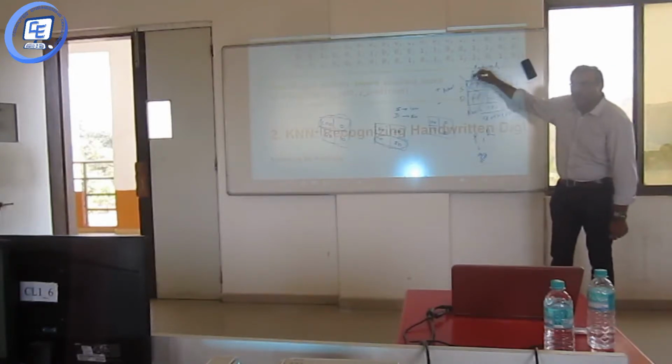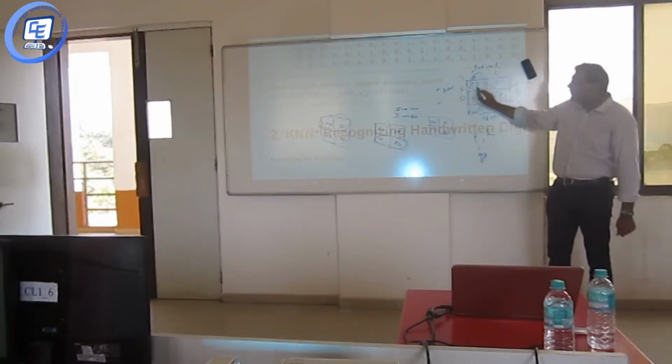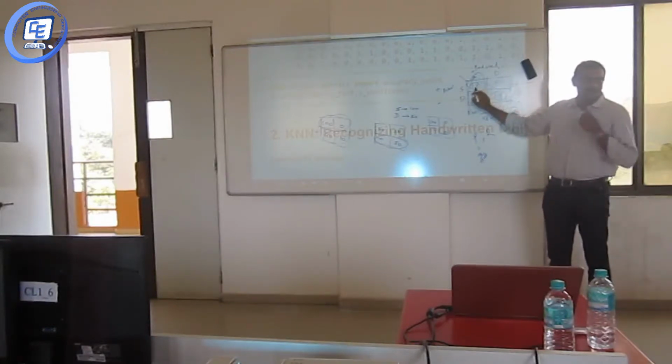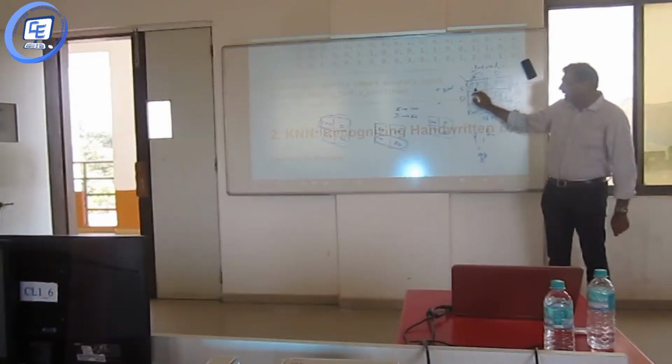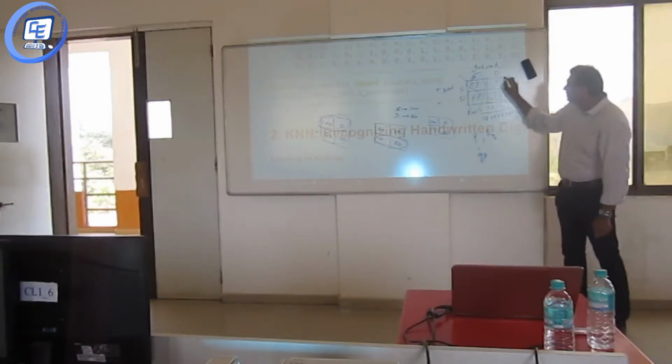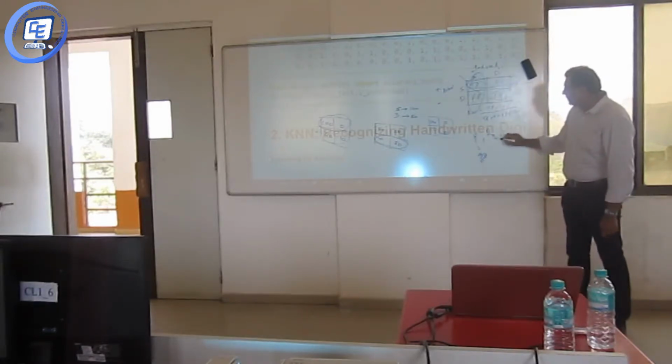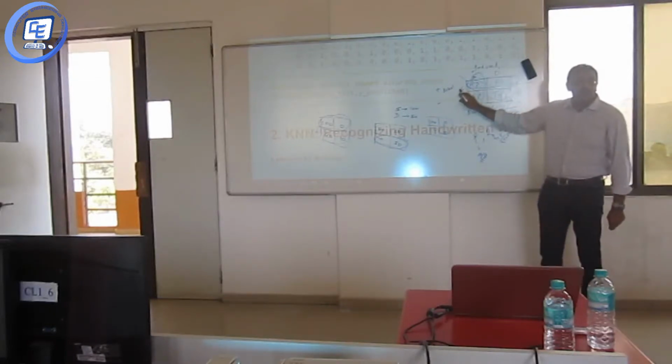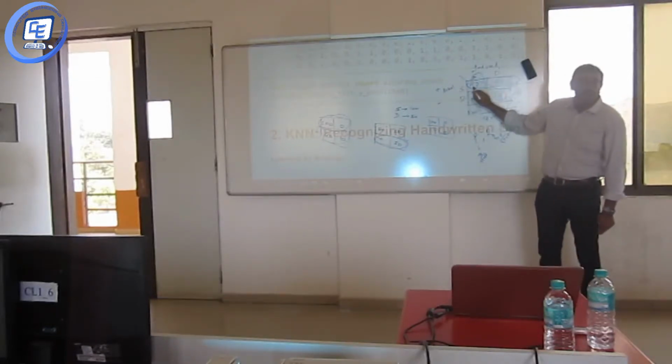Out of all predicted positives, how many were actually positive? And recall is TP upon TP plus FN. Out of all actual positives, how many were correctly recalled as positives?